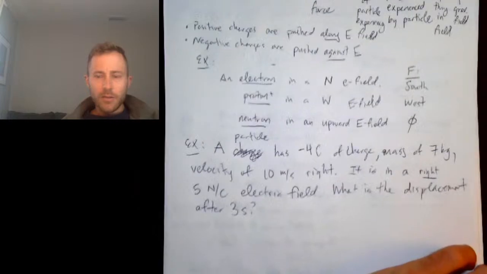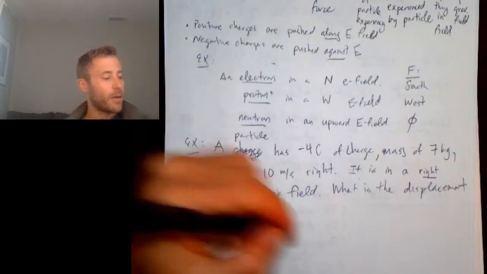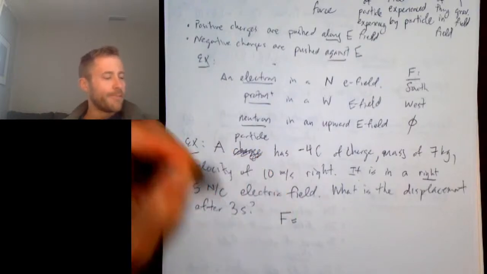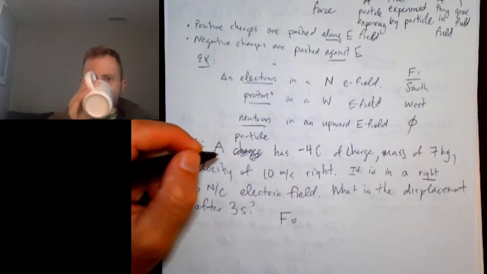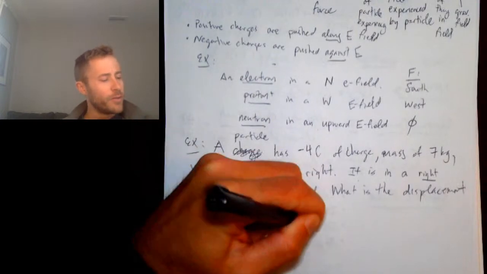Okay, so we'll do this problem in stages. The first thing we want to do is figure out the force on this particle. The force is going to be QE.